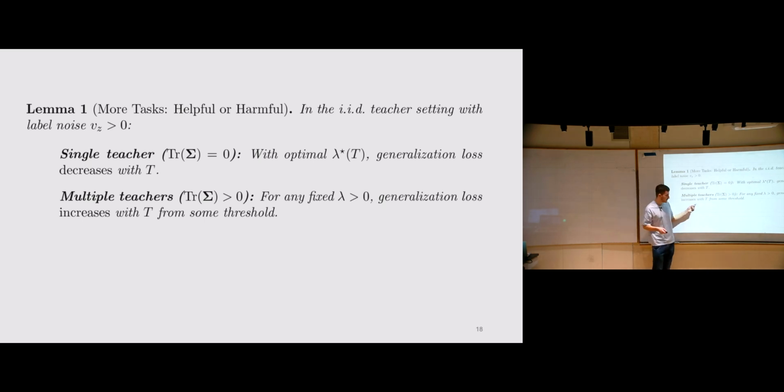And the second part states that if trace sigma is greater than 0, that is, there exists some variability between the teachers, then for any fixed lambda greater than 0, the generalization loss increases as a function of t, starting from some threshold. So if you add more tasks, you could generalize better. That's what the first part says. And if you use more tasks for any fixed regularization strength, the generalization loss will increase.